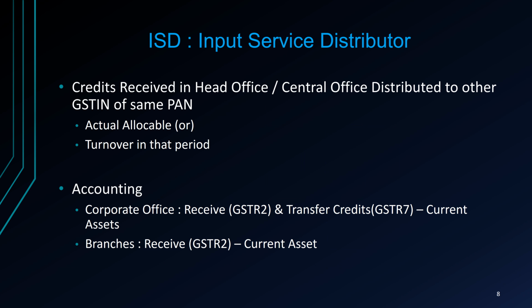So branches receive the input tax credit of GST as input tax credit, and this would be a current asset. And for the corporate office, this is getting reversed as a current asset.